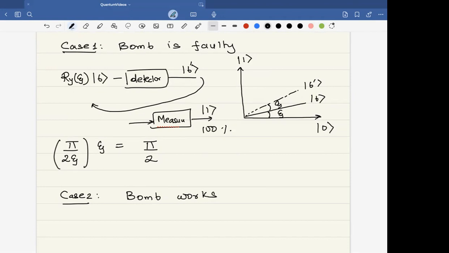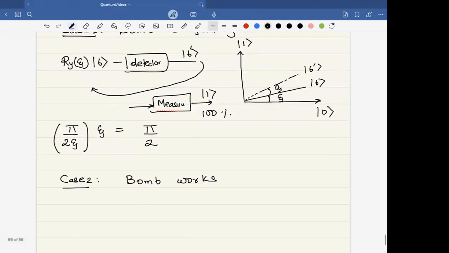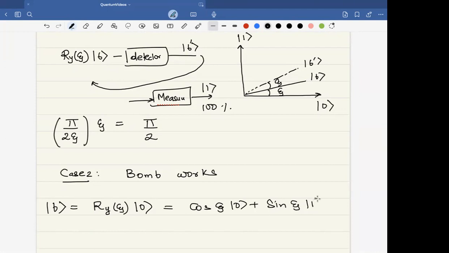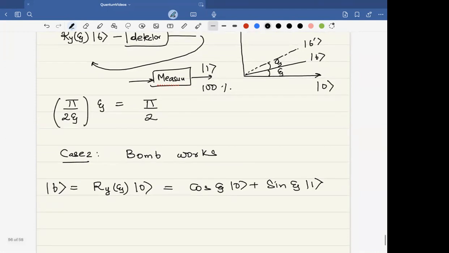When the bomb works, the detector actually measures in the ket 0, ket 1 basis. So let's take Ry of epsilon on ket 0; this initial state B is equal to cos epsilon ket 0 plus sine epsilon ket 1, right? What the detector does is measure this state in the 0, 1 basis.